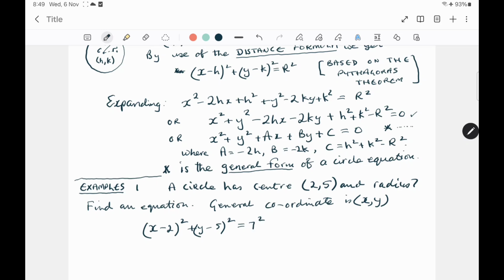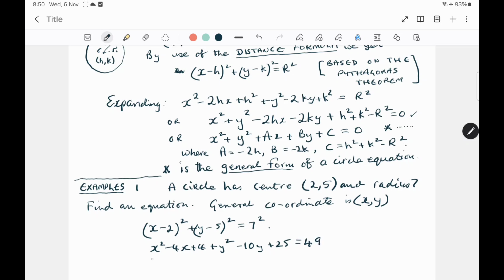And it often is left in this form, but you may be required to expand it, in which case you will write x squared minus 4x plus 4 plus y squared minus 10y plus 25 equals 49.